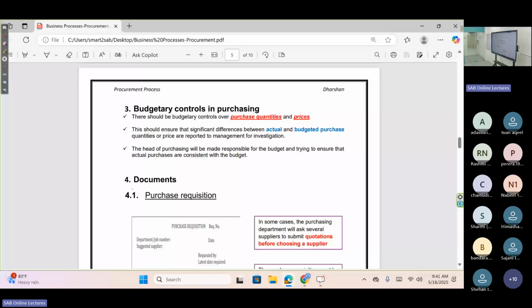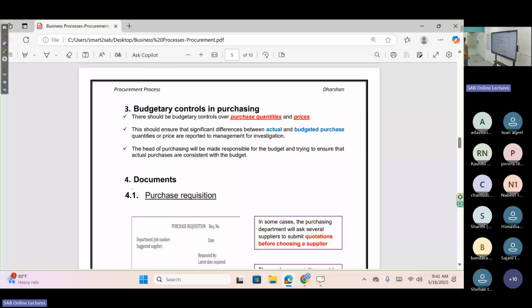Purchase control, internal control, budgetary control, limits.